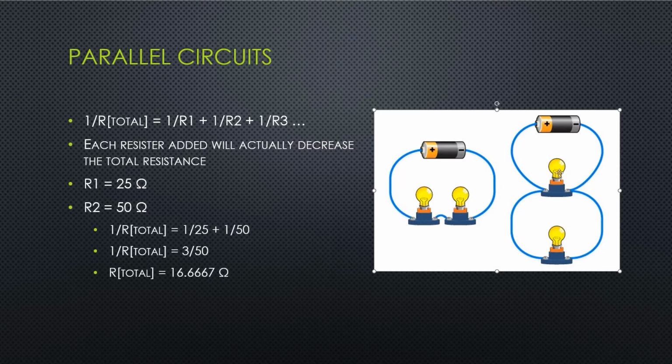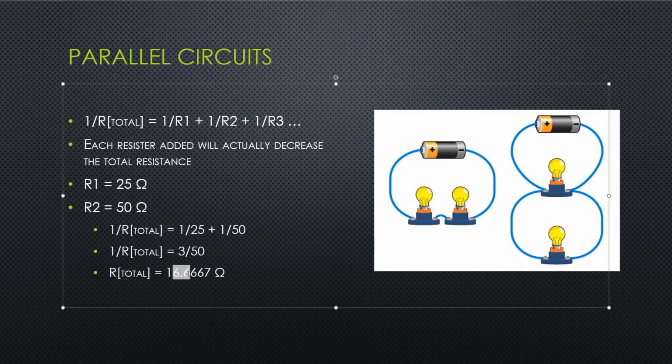When this happens, the resistance actually drops. So if we have 25 ohms of resistance in this load and 50 ohms in this load, the total resistance for this whole circuit is going to be something like 16 ohms, which is less than either of them.